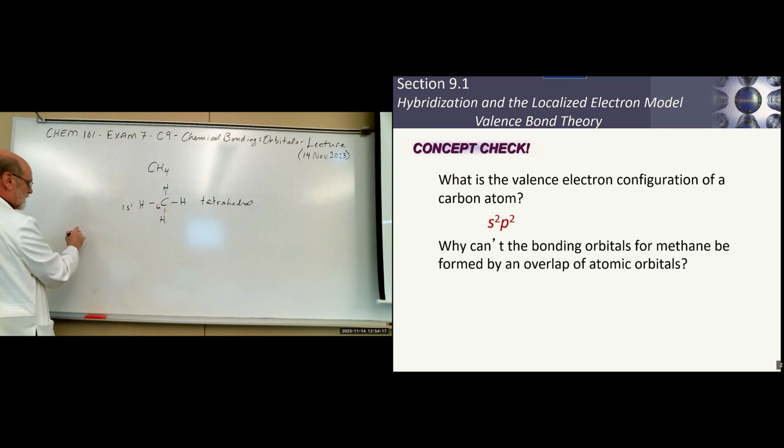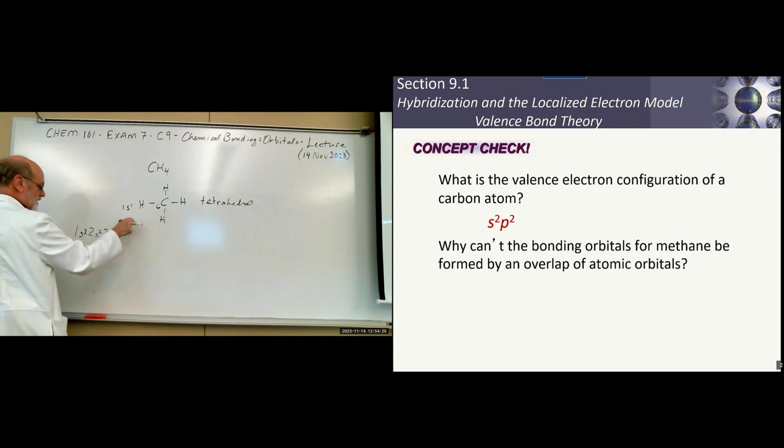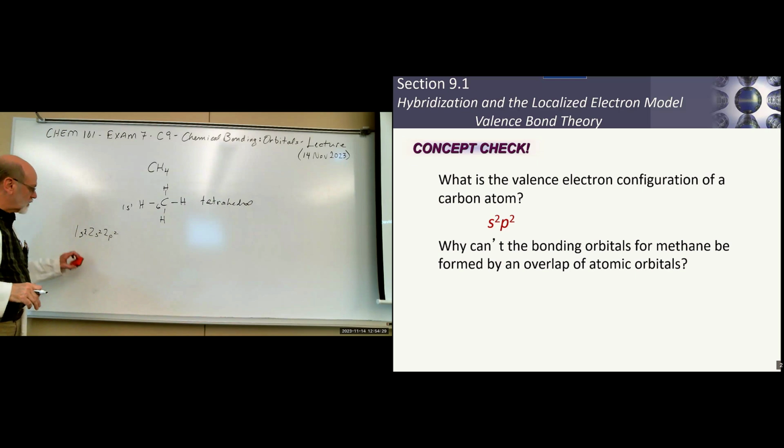6 electrons, and it would be 1s2, 2s2, 2p2. Right. So for the valence bond model, the only ones we need to consider are the valence shell. So we have this 2s2, 2p2. Well, we know that the shape of the s orbital is spherical.